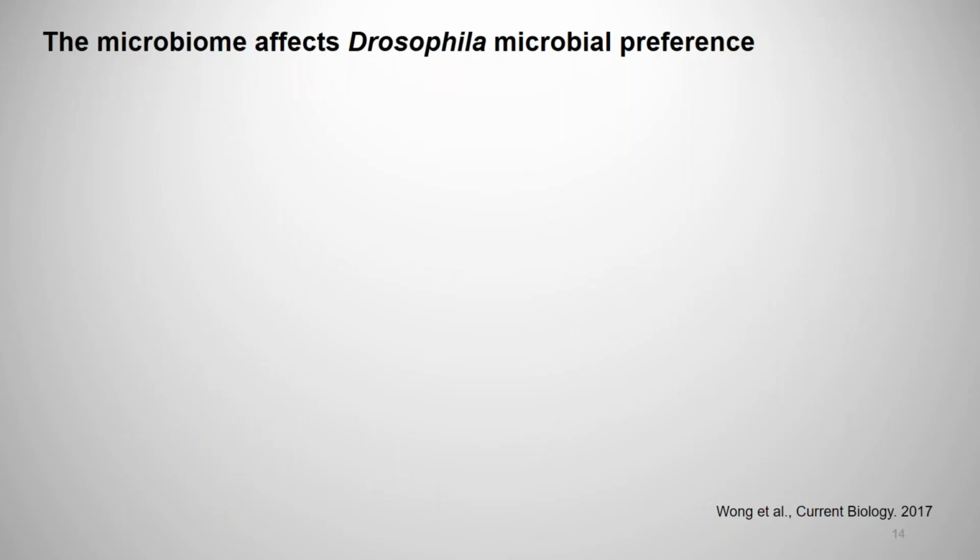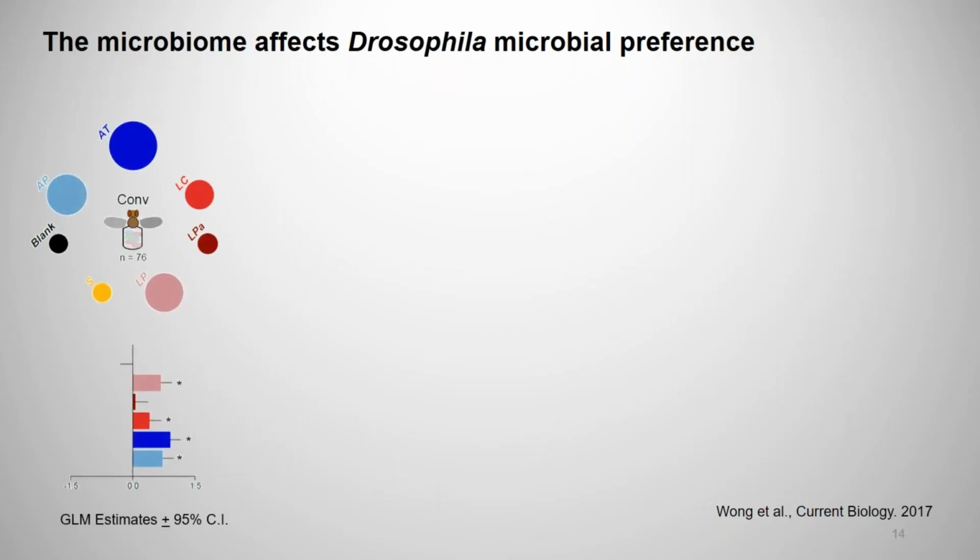And from our results, we found something very interesting. First of all, we found that the conventional fly, the fly that has the full microbiome, is strongly attracted to food that has been seeded with Acetobacter. And as you remember, Acetobacter is a dominant bacterium in the fly gut. So it's perhaps not very surprising that the fly has a strong attraction towards this bacterium.